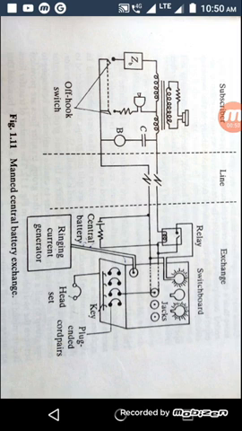In this diagram, the system consists of one or more switchboards manned by an operator. We can already see the switchboards on the right side. The subscriber lines are terminated on jacks mounted on the switchboard.